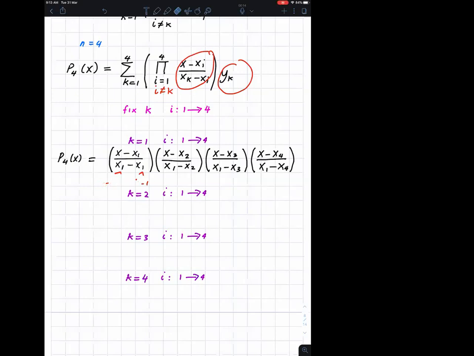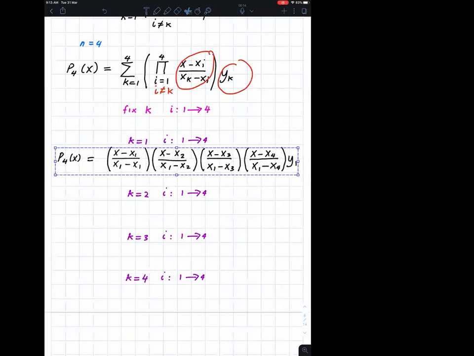Okay, then finally, k is still fixed at 1, so it's going to be y1 here. Let me make this a little bit smaller, it's really big.